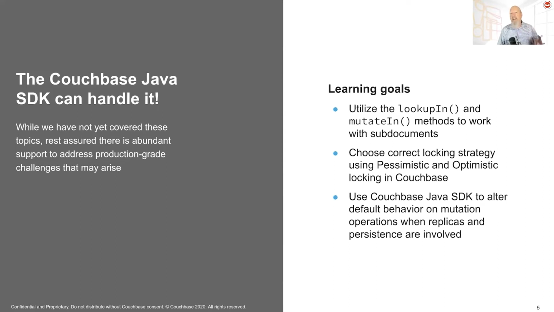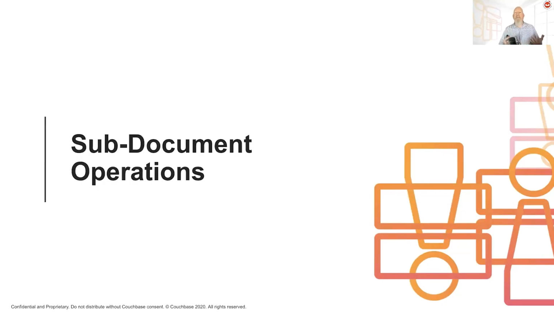We'll talk about locking strategies, pessimistic and optimistic locking. And finally, we'll talk about the Java SDK and how we can take more control when we're performing mutation on the storage behavior and what might happen behind the scenes on our Couchbase servers. Let's go ahead and get started.